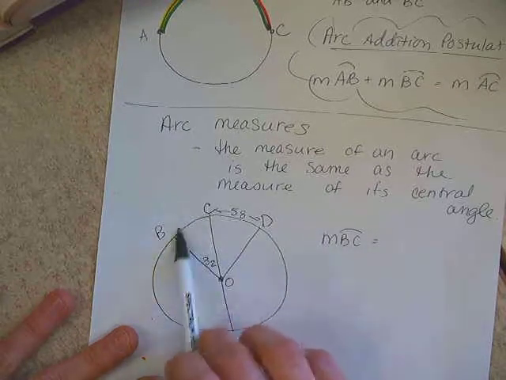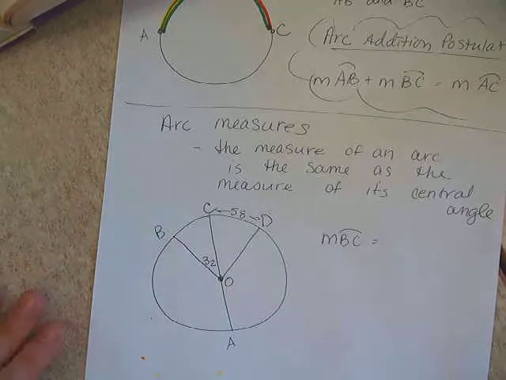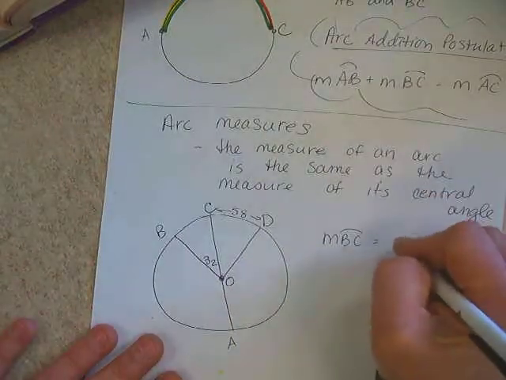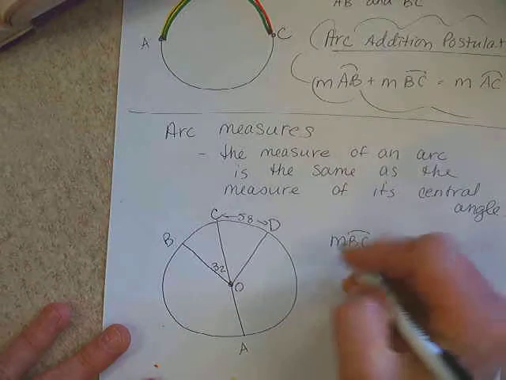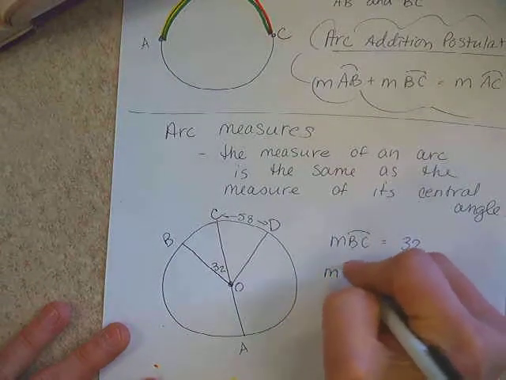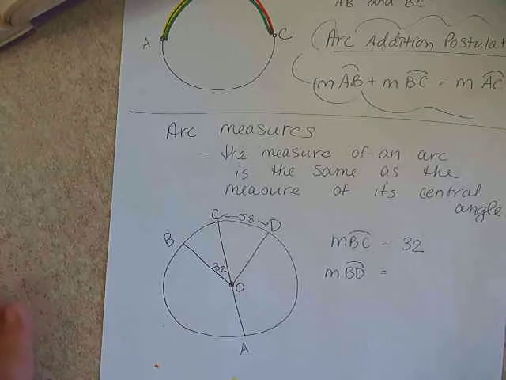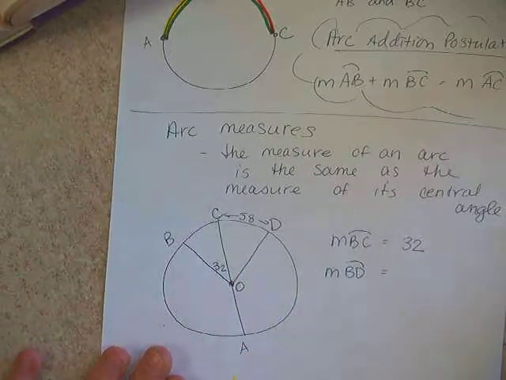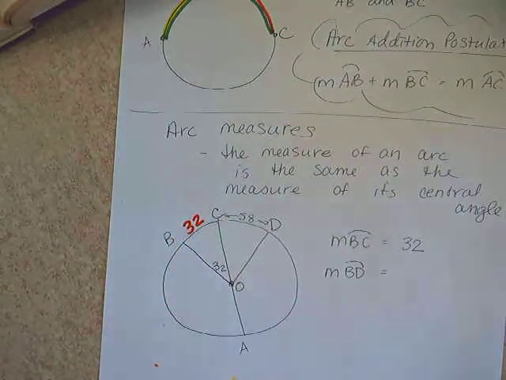Okay, so the first thing we're going to look at is the measure of BC. So you're going to find BC and go, okay, here's BC. If the arc measure is the same as the central angle, then what would the arc measure be? 32. Okay.